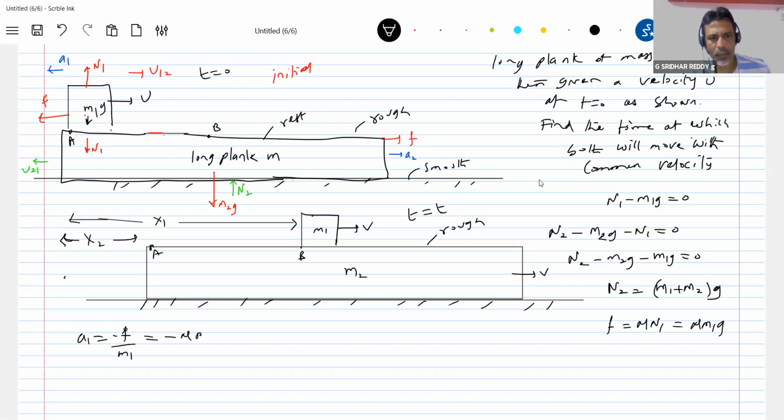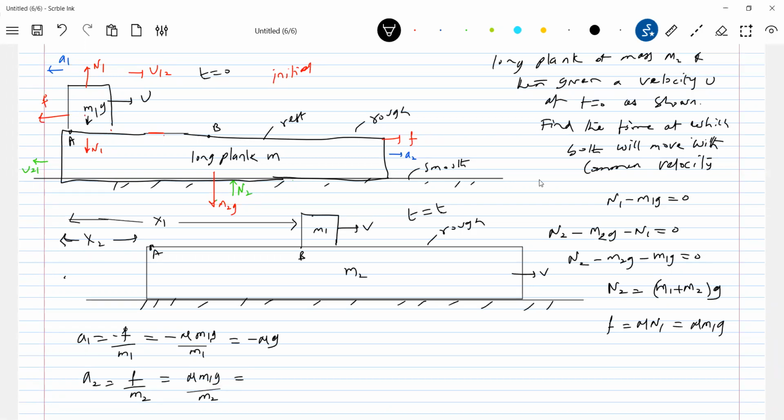So substitute this mu M1 g by M1, which gives A1 equal to minus mu g. What about acceleration A2? F by M2, which is equal to mu M1 g by M2. So this will remain as it is, mu M1 g by M2. Okay, now I got it.